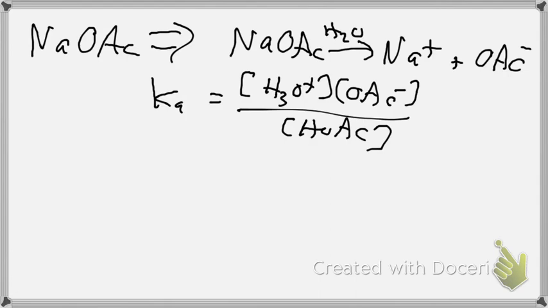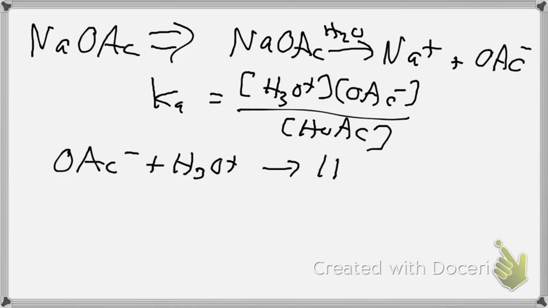In other words, it would have to run in this direction, where we're reacting acetate plus hydronium to give me HOAc plus water. That is the back reaction on the previous equilibrium. As this proceeds, I lose this and make some of that so that I can reestablish the equilibrium.